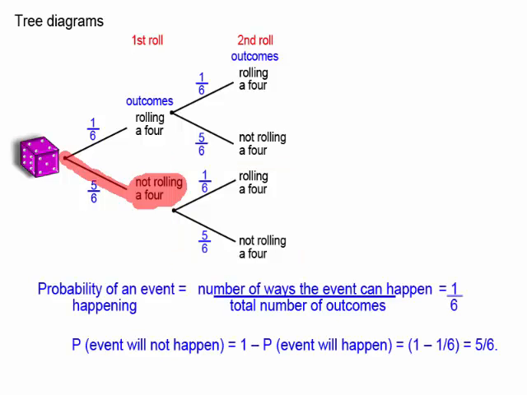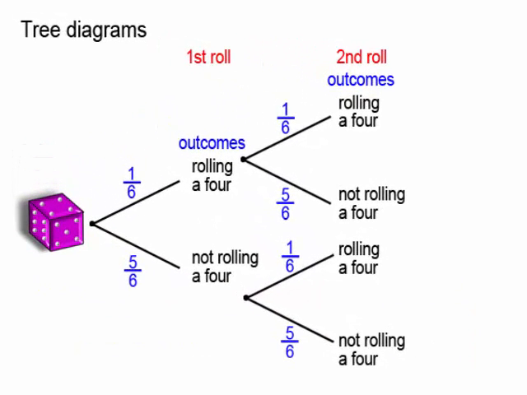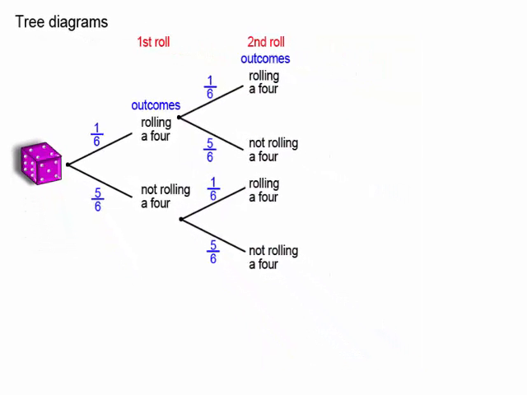And using our equations, we again find the probabilities are 1 over 6 for rolling a 4 in the second event and 5 over 6 for not rolling the 4 in the second event. And there we have it, the individual probabilities of two events, rolling the dice for the first time and then rolling the dice the second time.